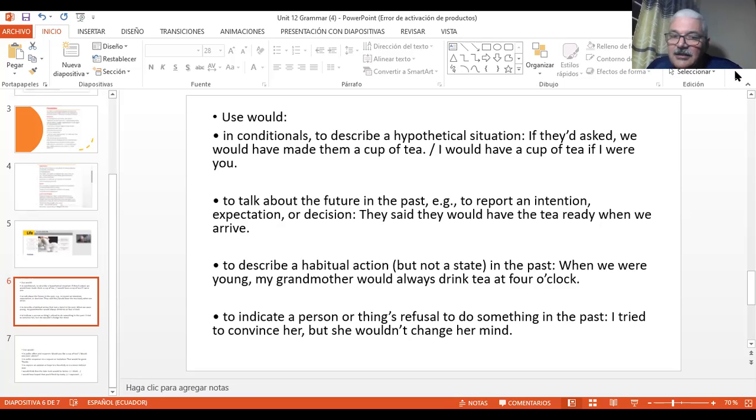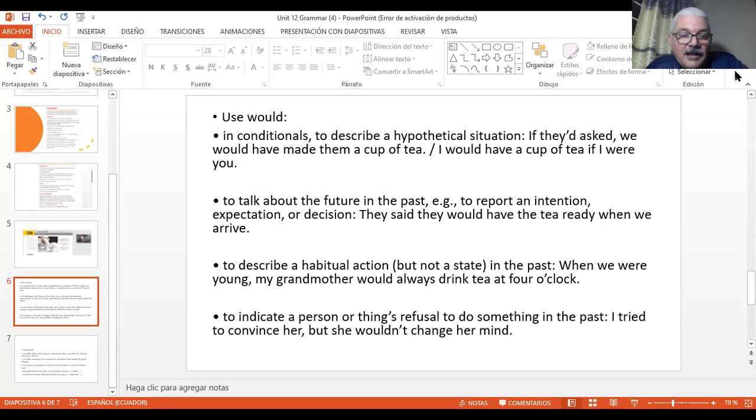That's why we use it to talk about the future in the past: the intention in the past, the expectation in the past, or the decision in the past, which has to do with the future. So we say, for instance, they say they would have the tea ready when we arrive. So they said that in the past, okay? And it would be ready in the future.